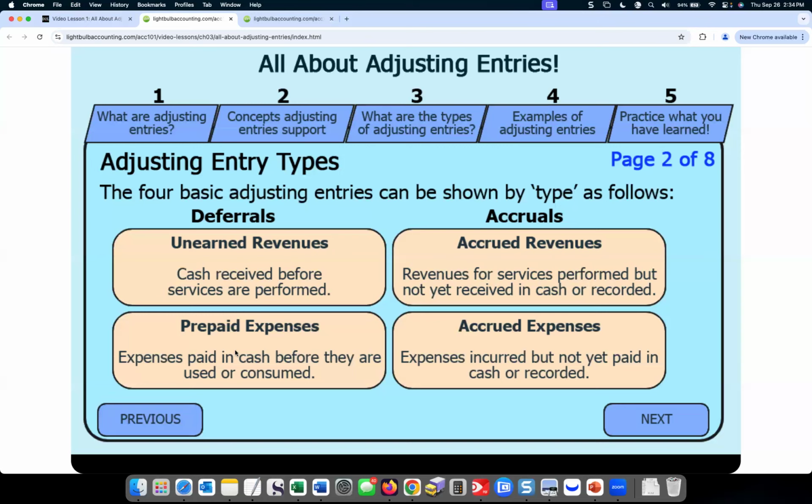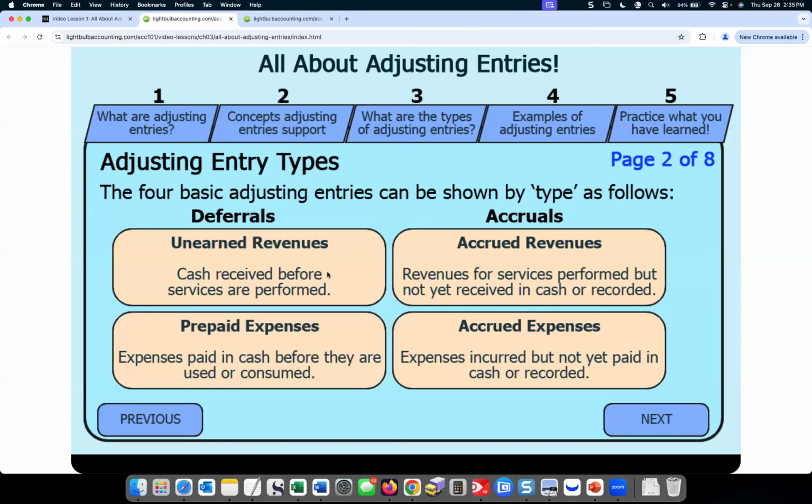And why charge it to expense? Well, I had to use pens, pencils and paper to do my work in my business, and that's a business cost just like anything else, like using the electricity and the phone. These are all costs you have to incur in order to have your business. So that's why those two things are deferrals: there's a delay in recognizing either the revenue or the expense.